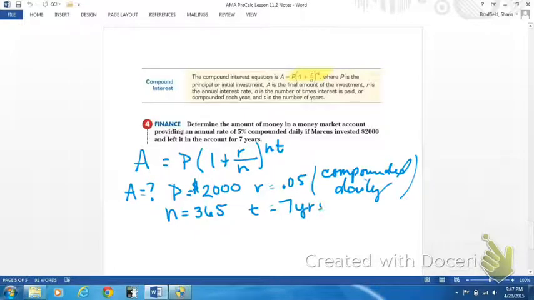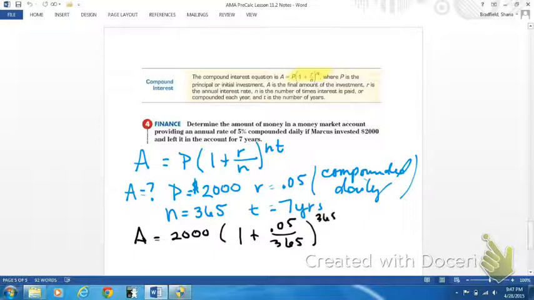And you want to fill in your equation. So my equation is going to look like A equals 2,000 times (1 plus 0.05 over 365) to the n times t. So that's going to be 365 times 7.